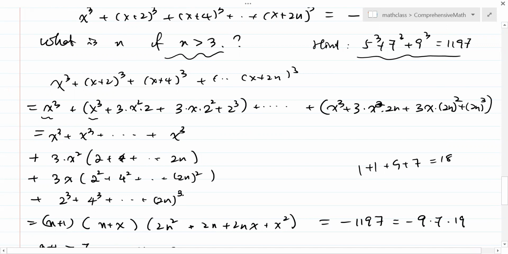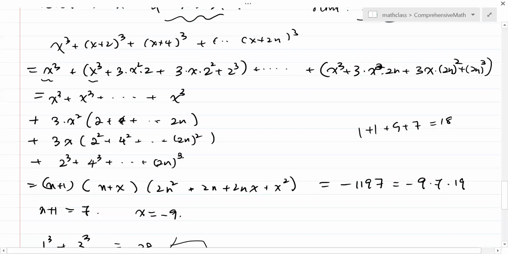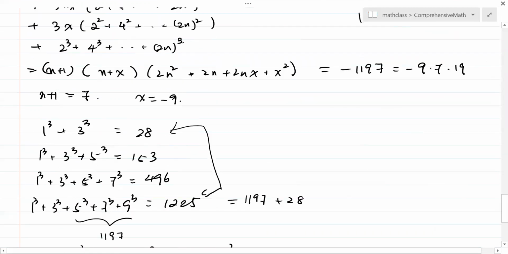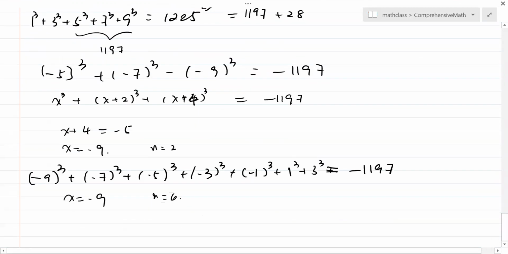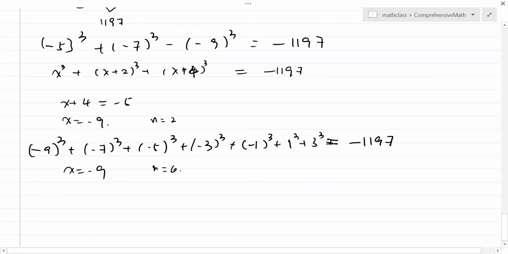I add them together, and I'm very, very lucky that I can factor it. So then I factor 1,197, and you solve the problem. Anyway, for one particular problem there are several ways to solve it, some more standard, some shortcuts, and it depends on who can figure it out.